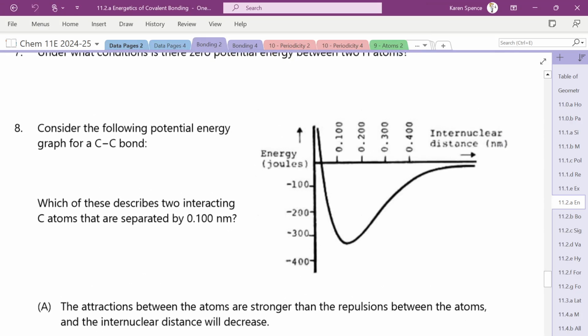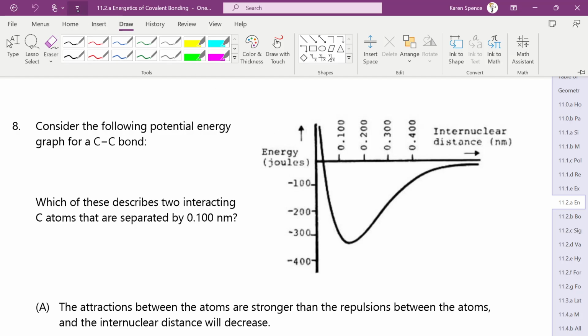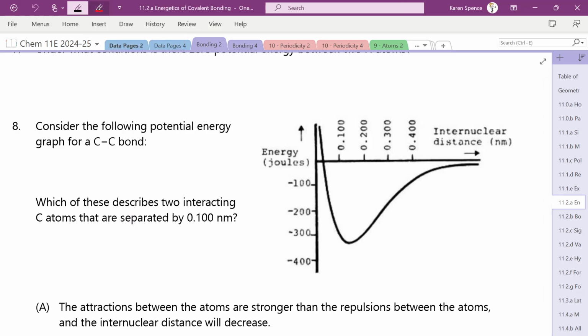Okay, here we have a potential energy diagram for a carbon-carbon bond. And remember, what goes along the x-axis in these graphs? Tell your partner what goes along the x-axis in these covalent bonding graphs.